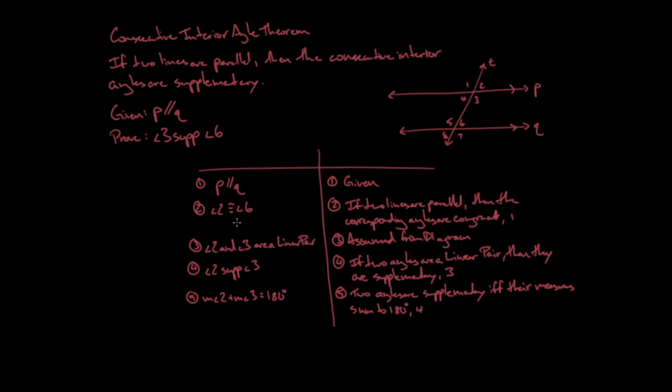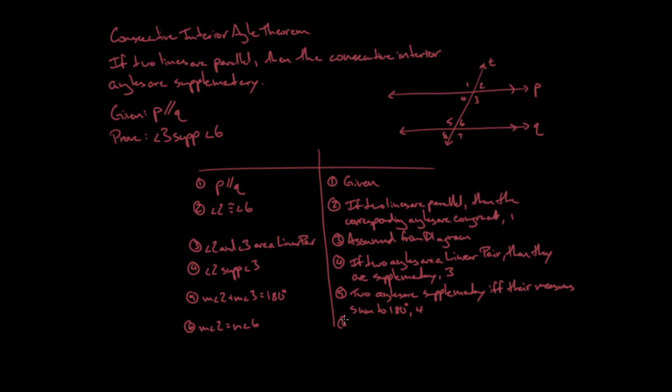Now, I'm really close to being able to substitute in angle 6 for angle 2 here, but to do that, I need an equation. So I'm going to turn angle 2 and angle 6 into an equation for myself. That'd be statement number 6 here, that the measure of angle 2 is equal to the measure of angle 6.